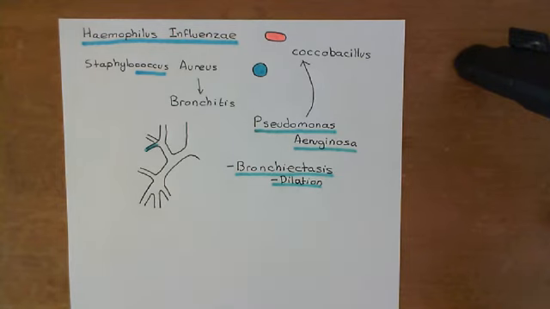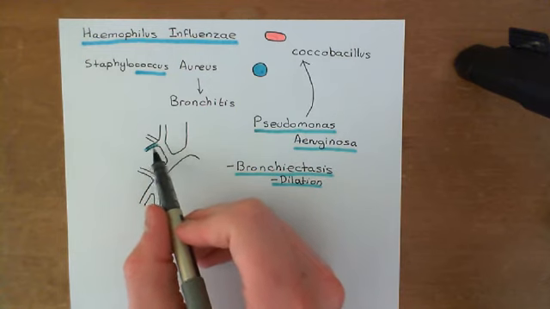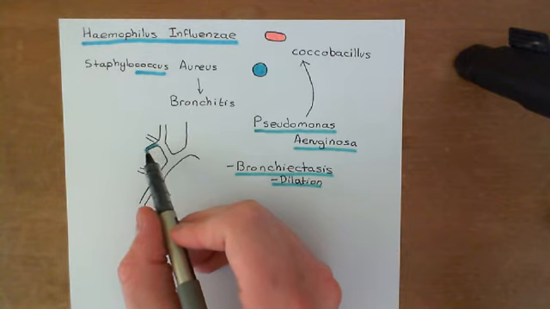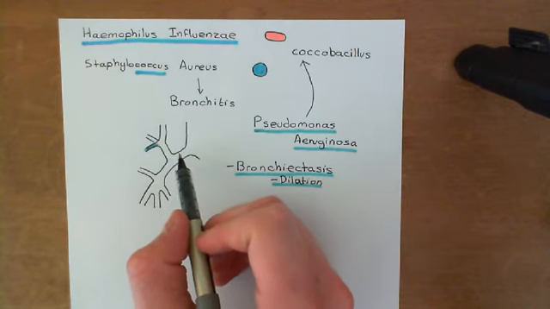Okay, right. So then the final thing that I need to tell you is, how does this eventually lead to death? Well, basically, we've discussed how bronchi can end up completely obstructed. When enough of your bronchi and enough of your bronchioles are completely obstructed, you can no longer use your lungs adequately.